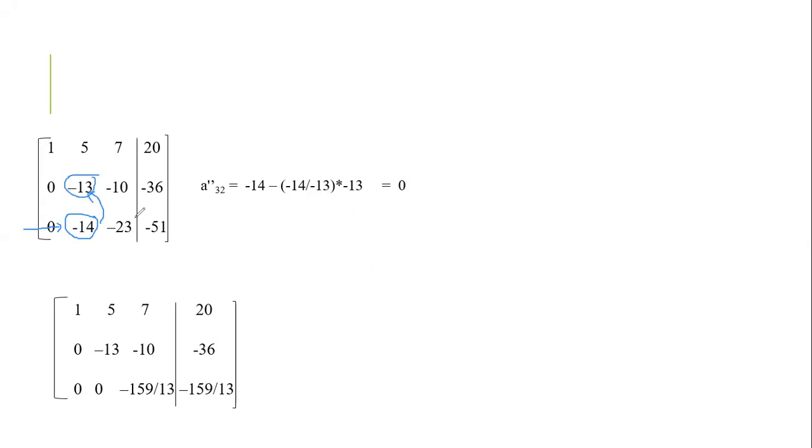Then you do the same for the next one: negative 23 minus the multiplier times the value on top of it in the pivoting row, which is negative 10. The same way, you pick this value minus the multiplier times the value on top of it, which is negative 36. So let's see how it goes.